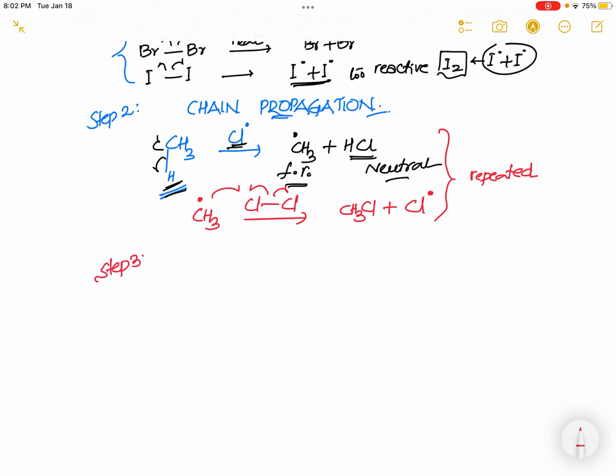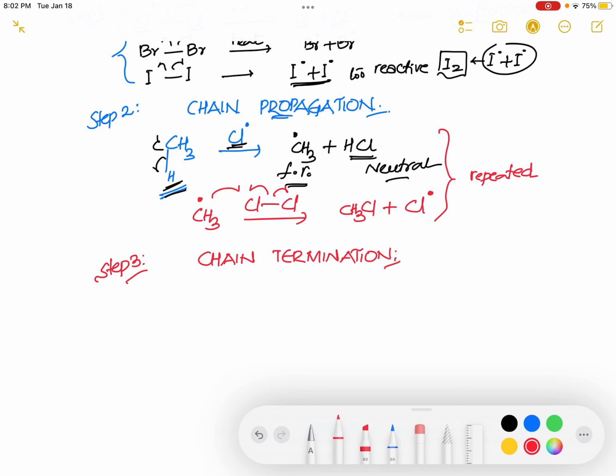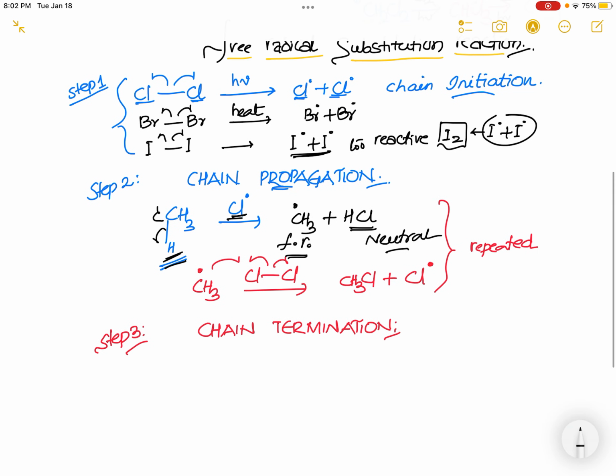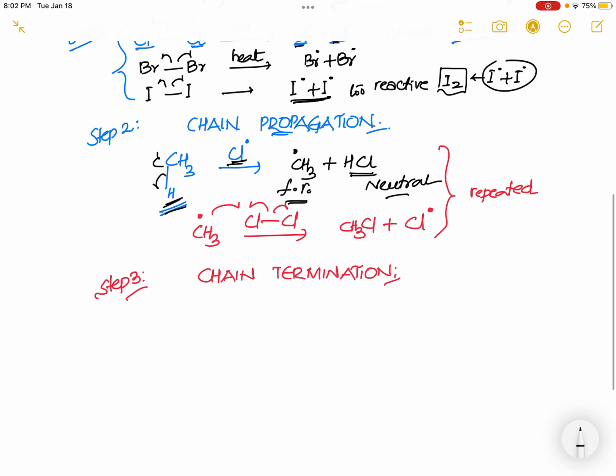Step 3, chain termination. Termination means ending. So the reaction is going to end now. Initiation means a neutral molecule is converted into two free radicals. Termination means two free radicals join to form a neutral molecule.